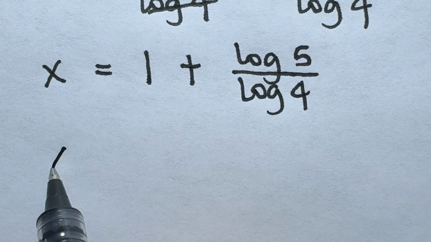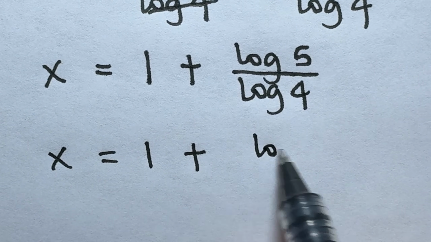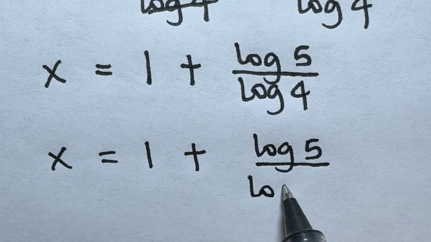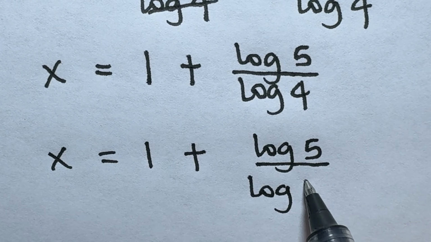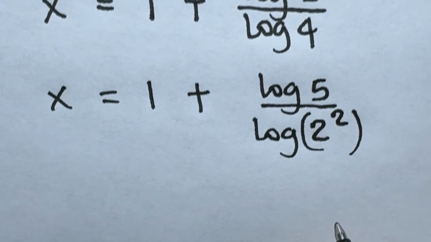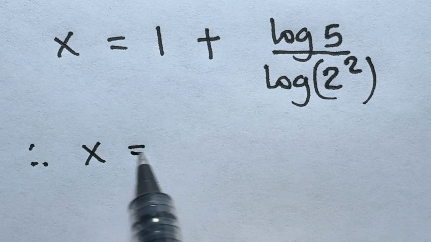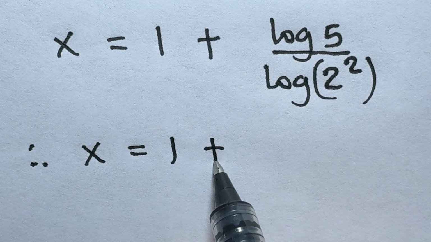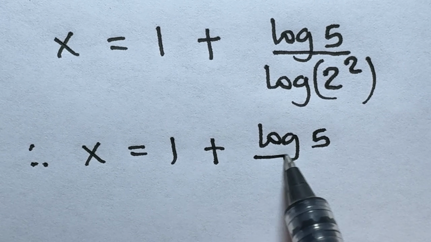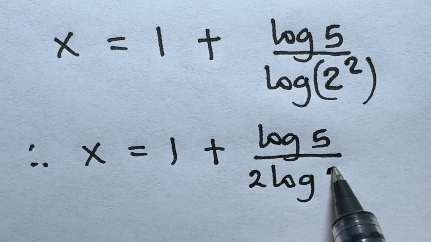We can also write this as x is equal to 1 plus log 5 divided by log 4, where log 4 here is log of 2 raised to power 2, which would then give us x equal to 1 plus log 5 divided by 2 times log 2.